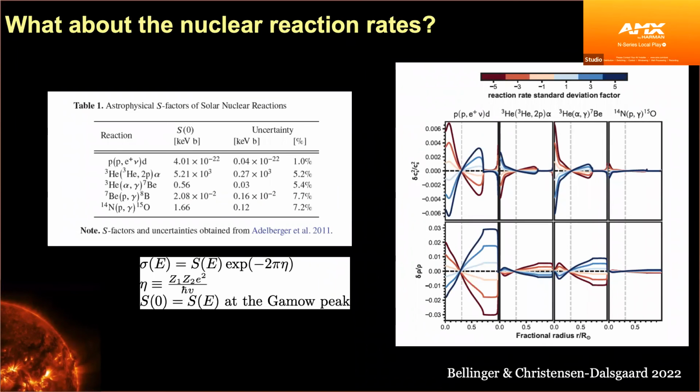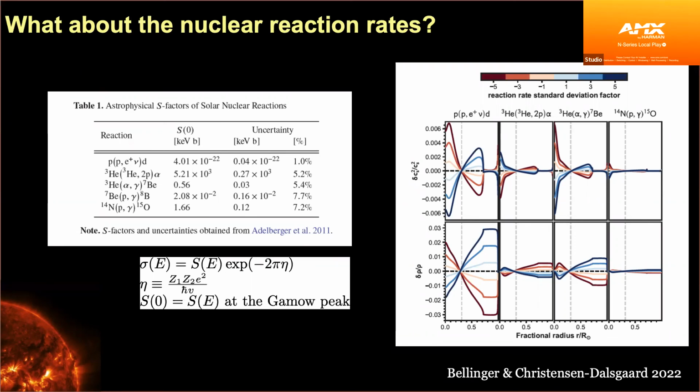Solar nuclear reaction rates, particularly the PP reactions, you can't really measure them in a lab. For one thing, the conditions in the sun, 15 million Kelvin, are actually very low energy compared to what you get in a reactor, say something like CERN.